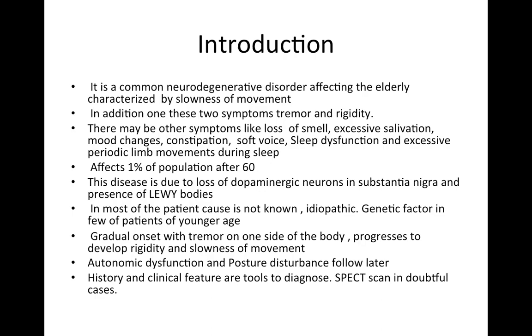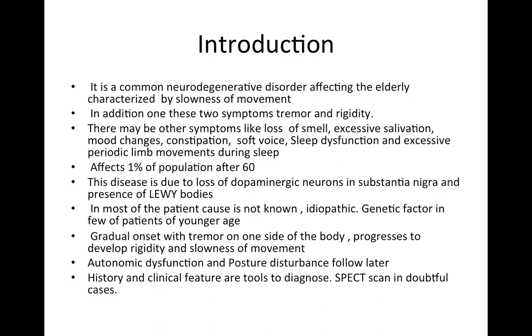Parkinson is a common neurodegenerative disorder affecting elderly, characterized by slowness of movement. In addition to the slowness of movement, there should be two of these symptoms, that is, tremor and rigidity, as the feature of the symptomatology of Parkinson disease.